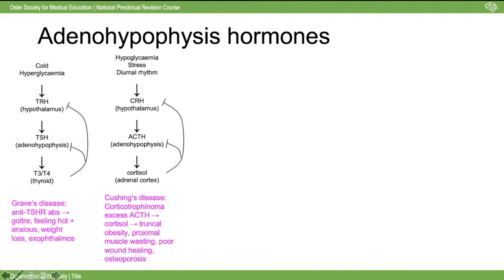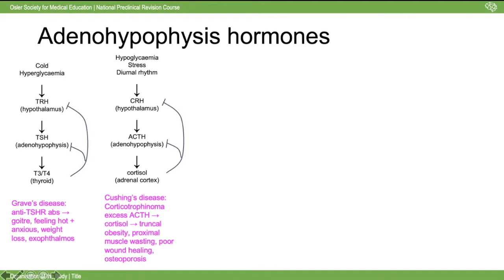And a good disease to know is Cushing's disease. So again, I used to get very confused about this, because there's Cushing's syndrome and there's Cushing's disease. And Cushing's syndrome is the collection of symptoms that you have when you have an excess of cortisol. So that would be things like truncal obesity, proximal muscle wasting, poor wound healing, osteoporosis, and also lots of other things like easy bruising as well.